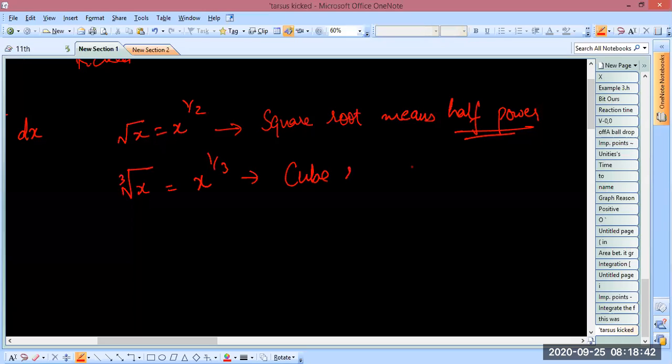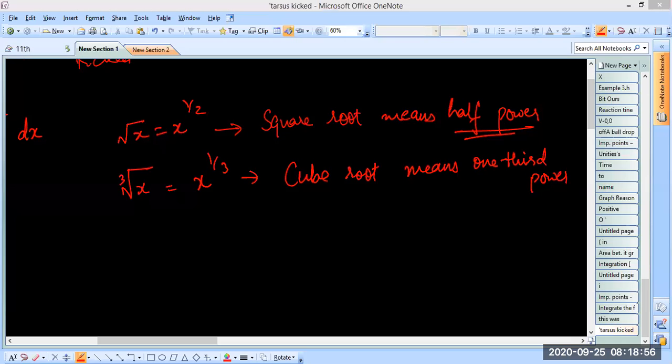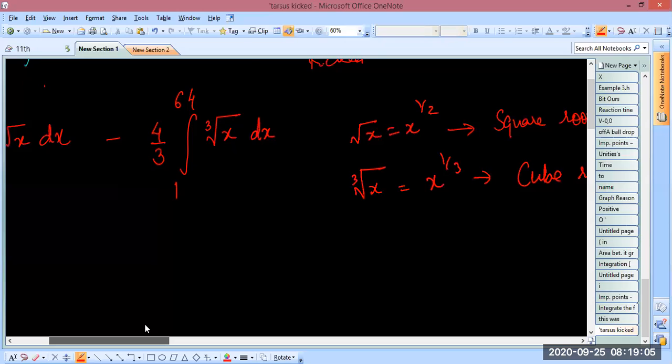Okay, this you would have studied in ninth, I'm sure, right? Or before that, I don't know. So I'm saying that square root is half power and cube root is 1/3 power. Please don't forget it now, everyone.